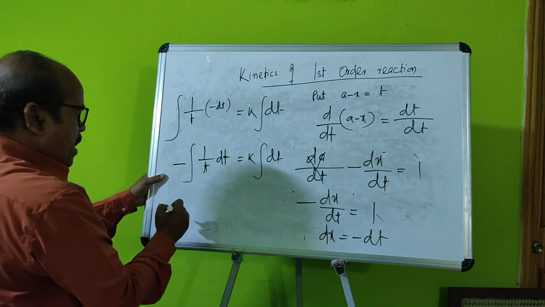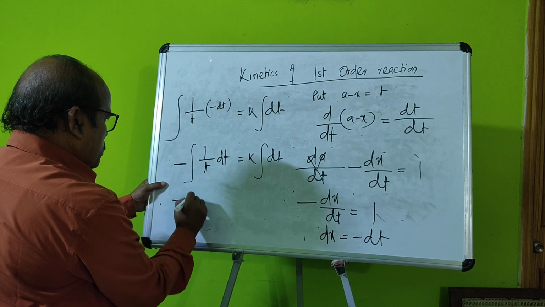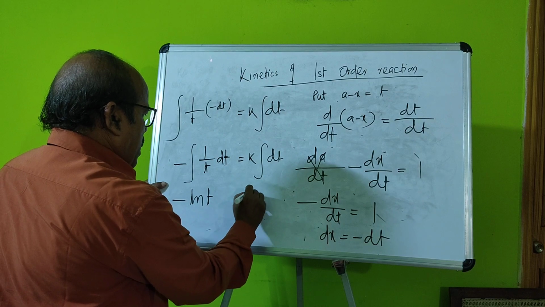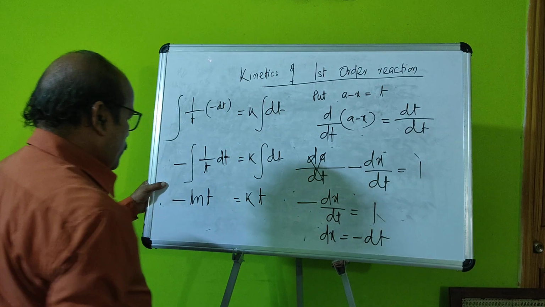Now integration of 1 by t is ln t, so minus ln t, and that of k is there, integration of dt is t.